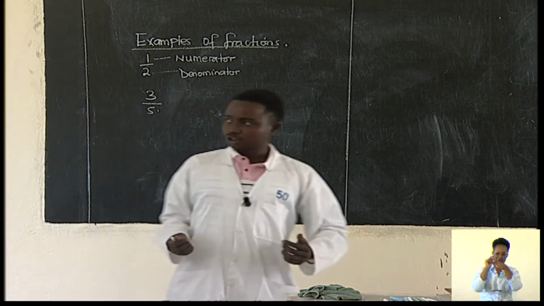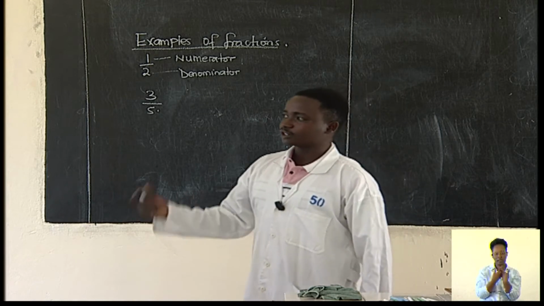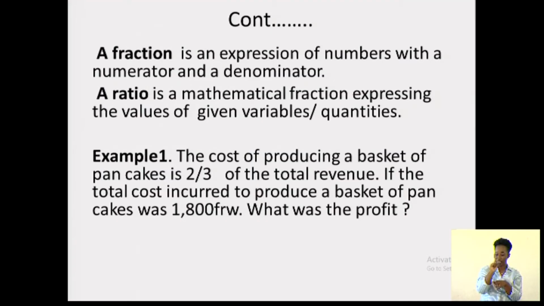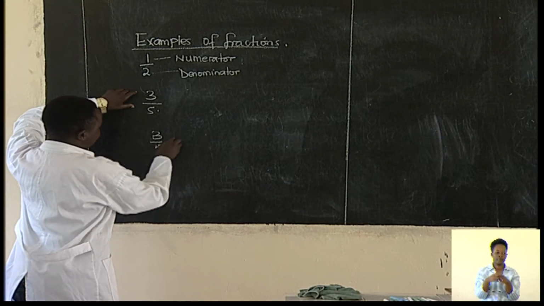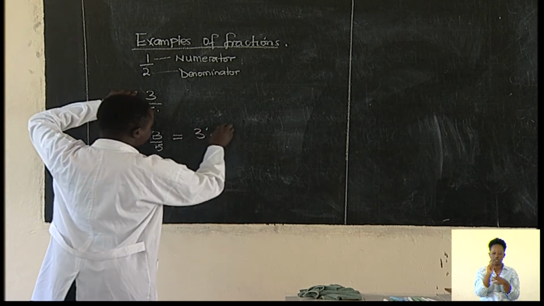There are two things which are related, a fraction and a ratio. A ratio is a mathematical fraction expressing the values of given variables or quantities. If it is 3 out of 5, we can indicate this in terms of a ratio, 3 to 5.